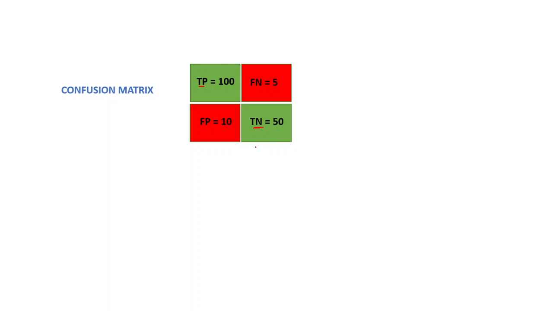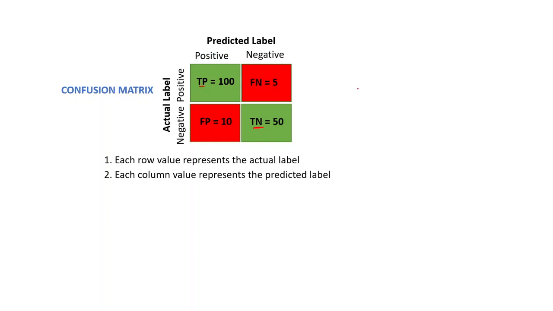Now, in this particular matrix, the row values represent the actual label. So a positive row means these are positive examples and a negative row means these were the negative examples. And for every confusion matrix, the column value represents the predicted label. So the positive column means those were predicted as positive: every example along this column was predicted as positive by the classifier, and this other column was predicted as negative by your classifier.